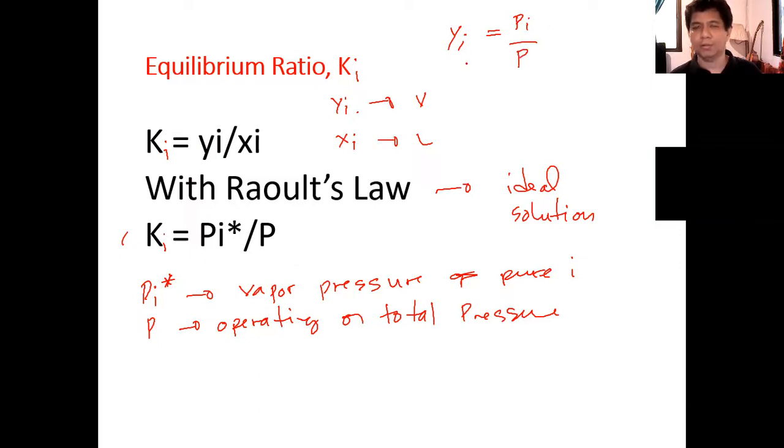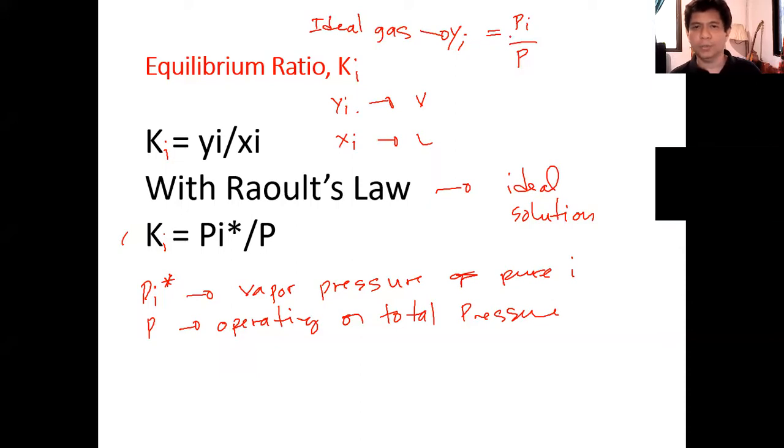What's the reason this is true? When is it true that y sub i is equal to P sub i divided by P? It needs to follow the ideal gas equation.